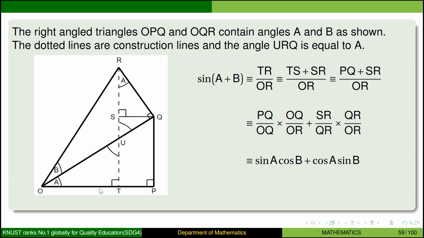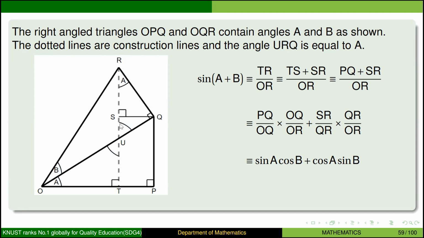The whole of this is also one of them. Then we also have this as another right angle triangle. And we'll see that this angle here will also be equal to A, and we have it in other forms as well.